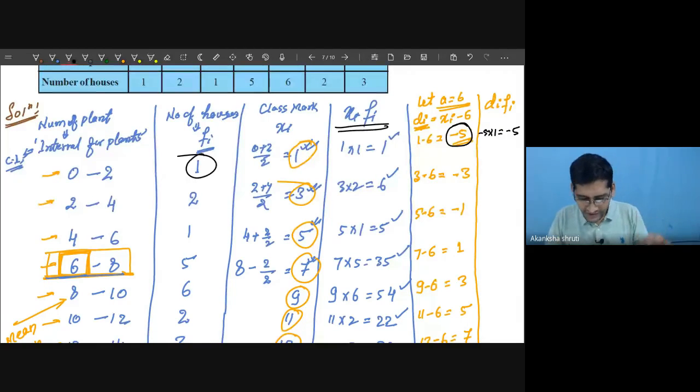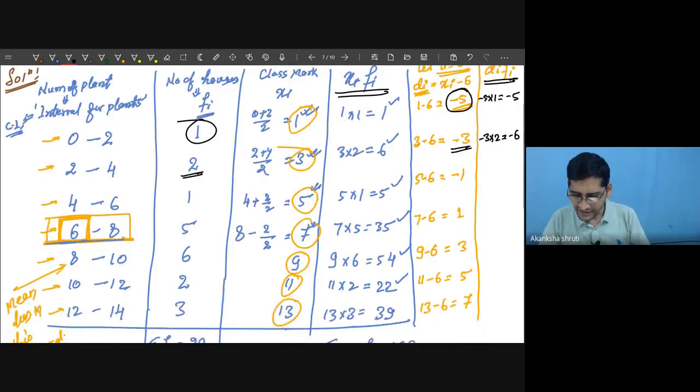For the next class, 2 to 4, I shall calculate minus 3 multiplied by 2. So it becomes minus 6. So we are calculating the di fi.